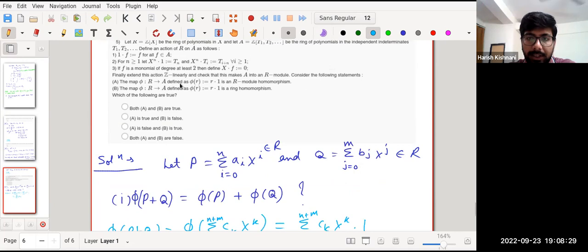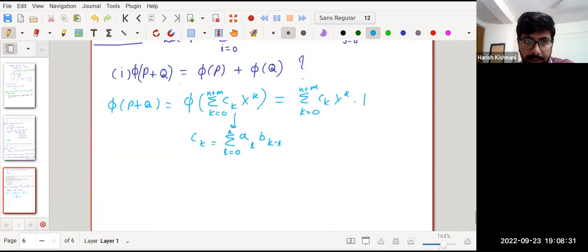They said that we have to extend the above relations linearly. So we can write simply, this is the same as the summation of k equal to 0 to n plus m of ck times xk dot 1. Now what is xk dot 1?